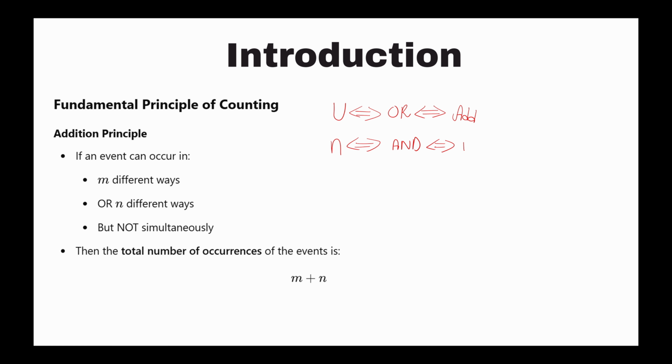That time we multiply our combinations. Exactly that is what is being told here. If an event can occur in m different ways or n different ways, that means it can either happen in m different ways or n different ways. Here you can see that the word or is being used. That means the total number of ways in which you can choose this event to be occurring would become m plus n. That is what has been written here.